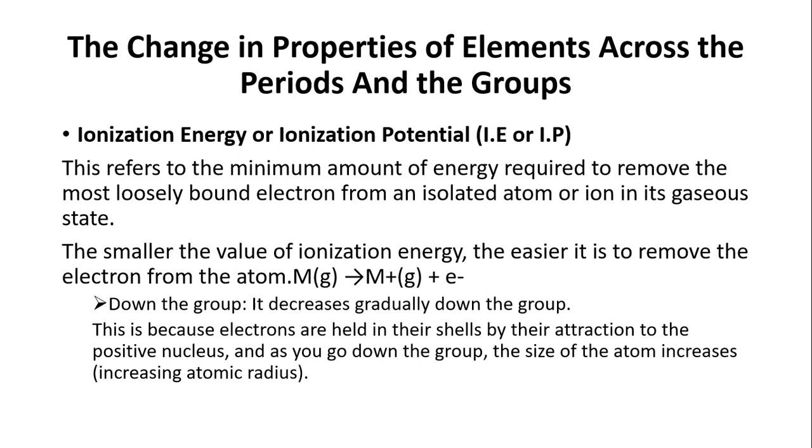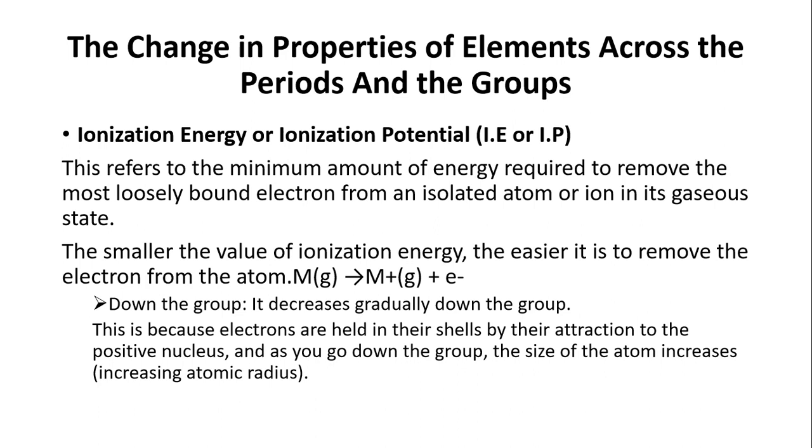This refers to the minimum amount of energy required to remove the loosely bound electron from an isolated atom or ion in its gaseous state. So it's simply a small amount of energy that is required to remove the most loosely bound electron from the isolated atom or ion in its gaseous state.